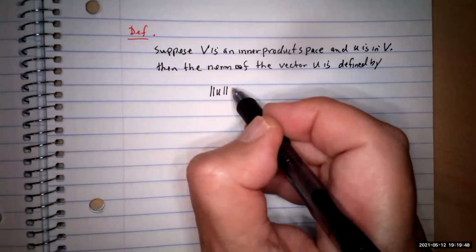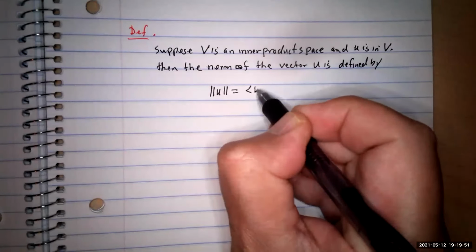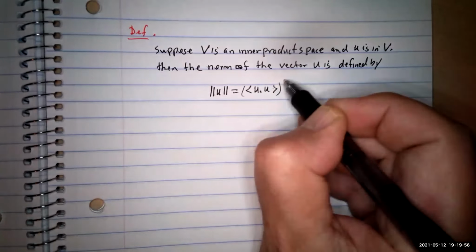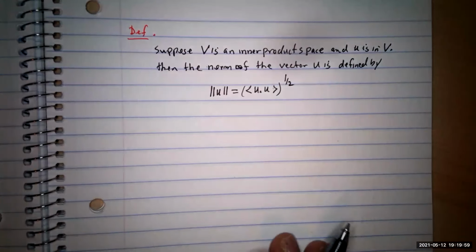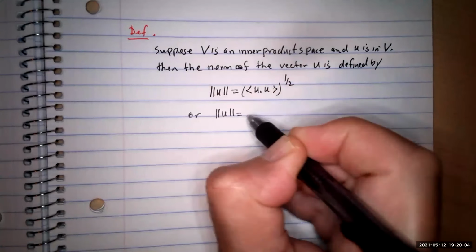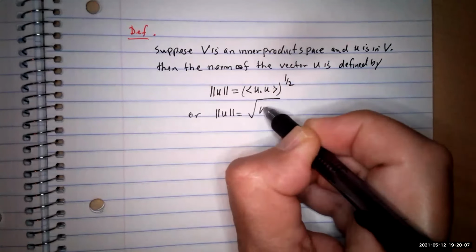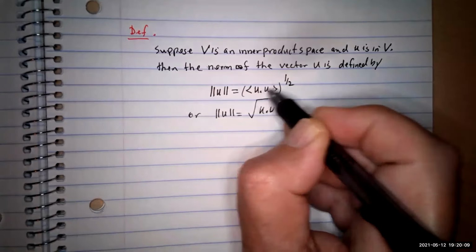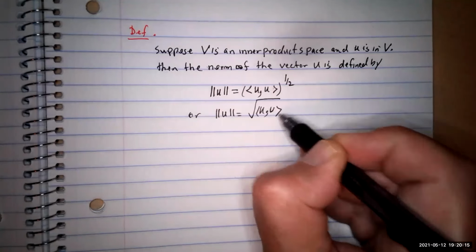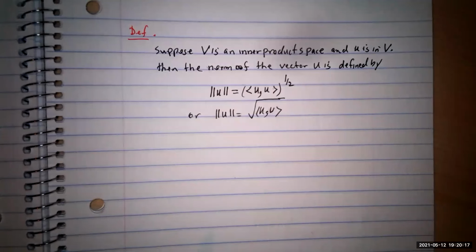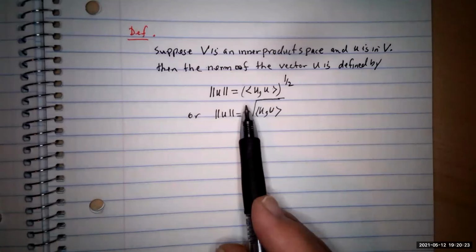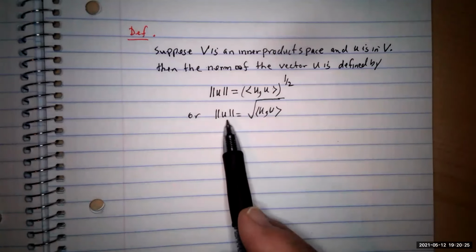The norm of U is going to be the product of U with U, taken to the power 1/2. Or the usual definition is the square root of the product of U and U. We know that this number is non-negative because this is one of the properties that we have.